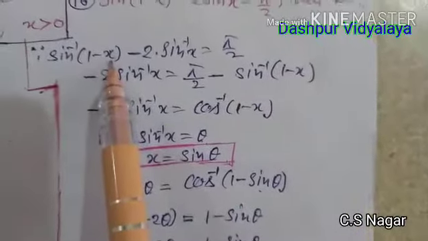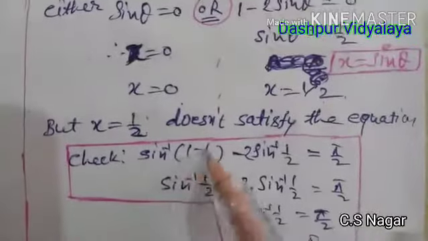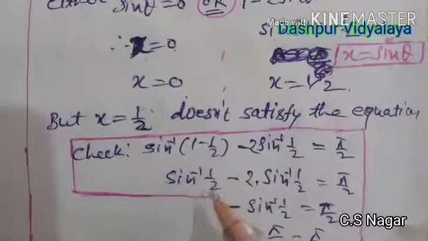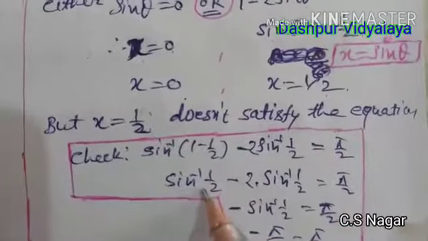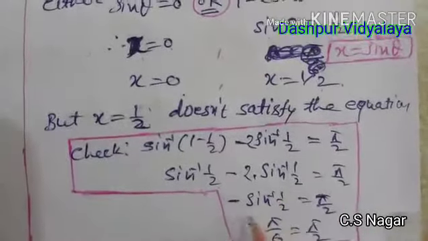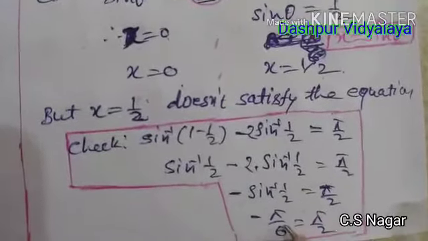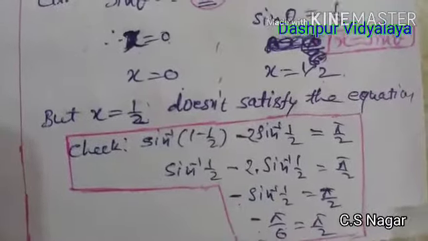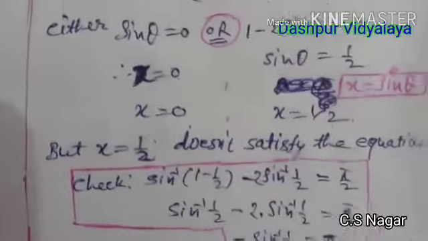In place of x, write 1 by 2. 1 minus 1 by 2 means only 1 by 2 remaining, and this is 2 times 1 by 2. So only minus sin inverse 1 by 2 remains. 1 by 2 means 30 degrees, minus sign as it is. This is minus 30 and the right side is 90. So both are not equal. So only x equals 0.